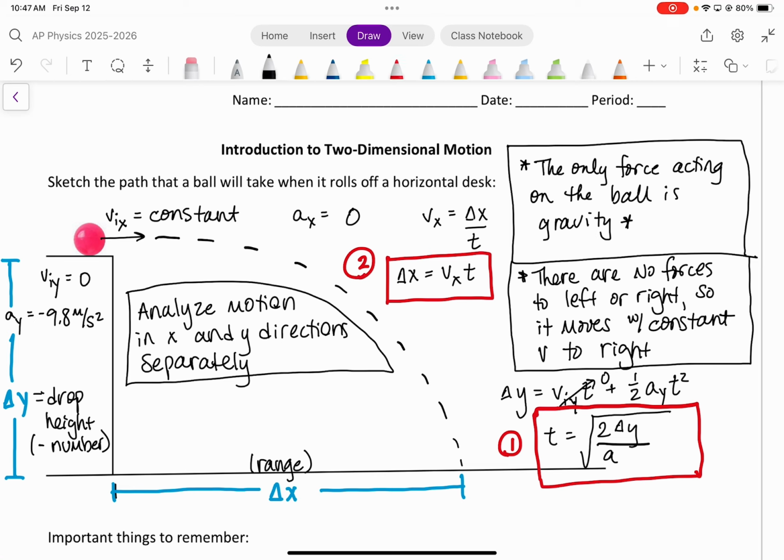Very typically, you're going to be given a problem that says a ball is rolled off of a desk that is 1.3 meters tall with an initial velocity of 2 meters per second. How long did it take to drop and how far did it go? So we're first going to solve for how long did it take before it hit the ground. And secondly, we're going to solve for how far did it go.